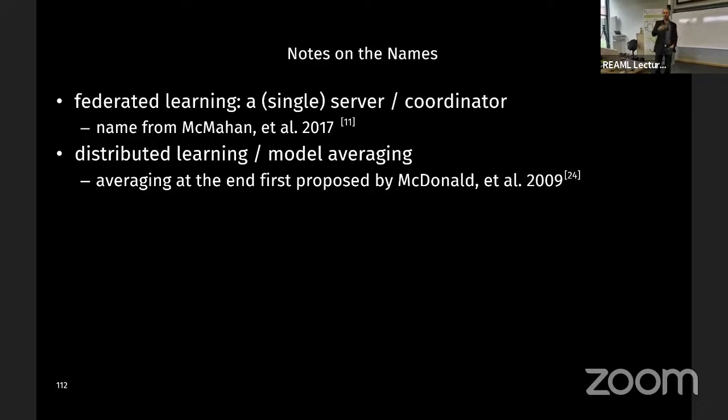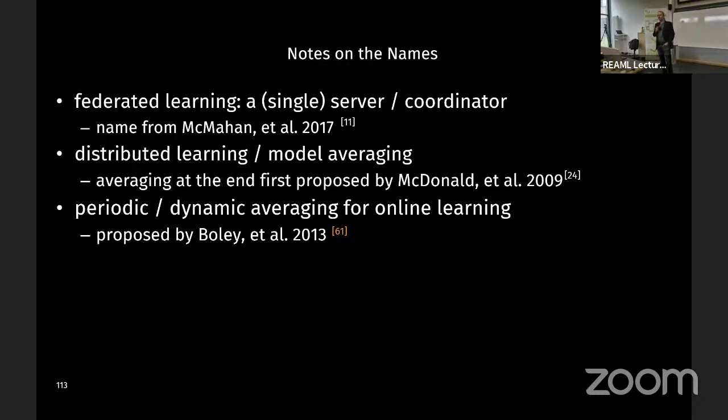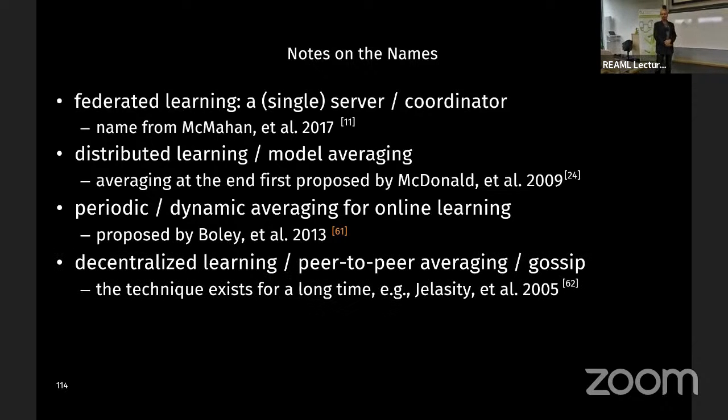Distributed learning and model averaging was, as I said before, already done by McDonald et al. in 2009, so it's definitely older. We did periodic and dynamic averaging for online learning already in 2013. That was Mario Boley's work. And the whole decentralized learning, where you really do only peer-to-peer communication, was done a lot earlier. So there's peer-to-peer averaging using gossip algorithms.